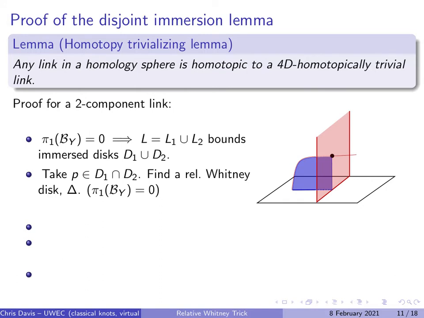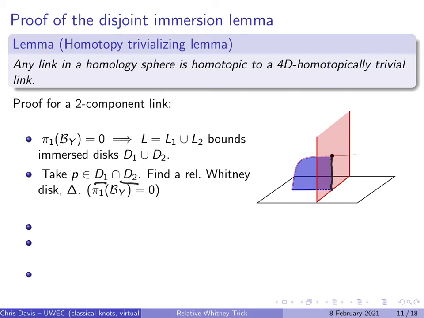Find a point of intersection in D1 intersect D2. If there were no points of intersection, you would already be done. So find any point of intersection. Find a relative Whitney disk. I assert you can. So how? Well, find an arc in D1. Remember, D1 is an immersed disk, so you can find an arc from that point to a point on the boundary.